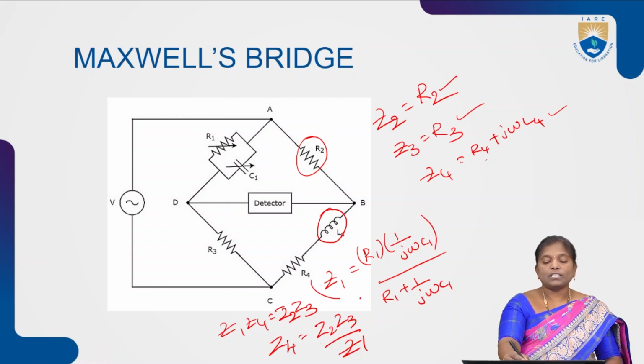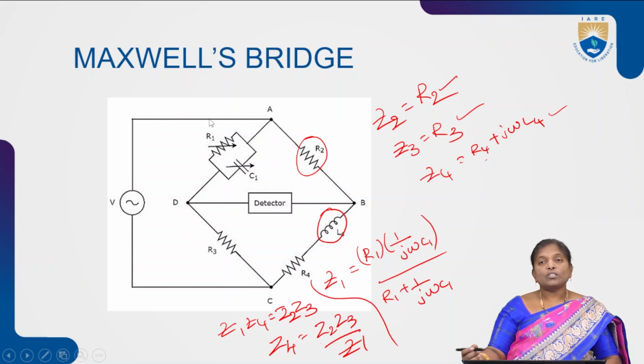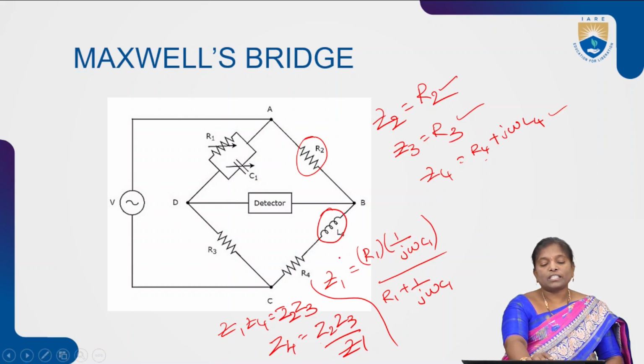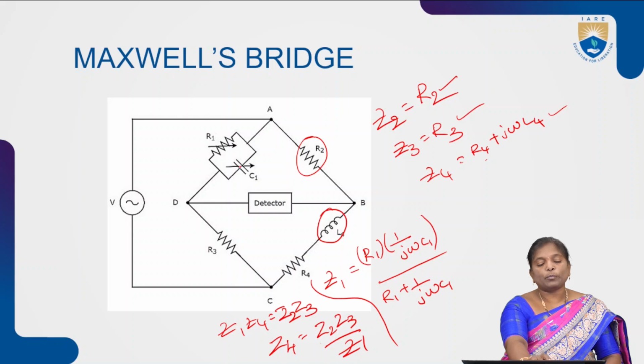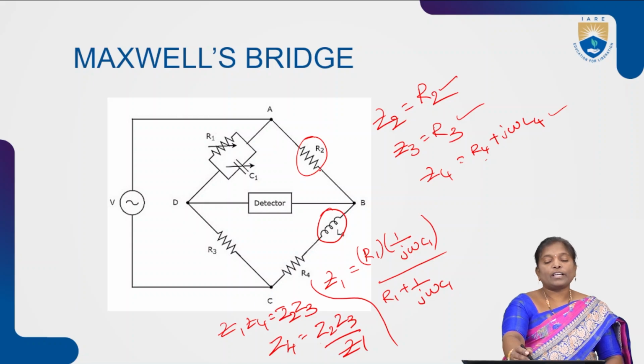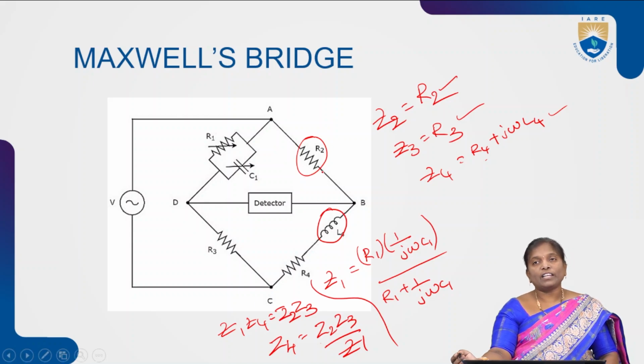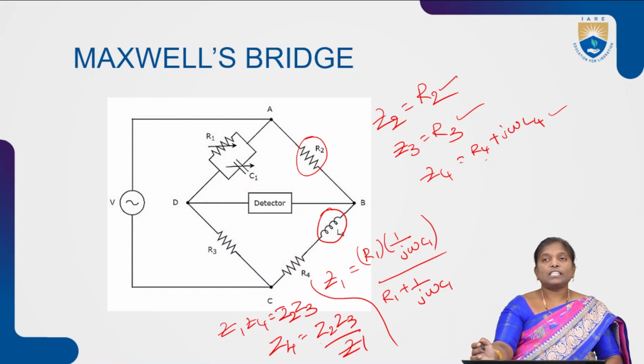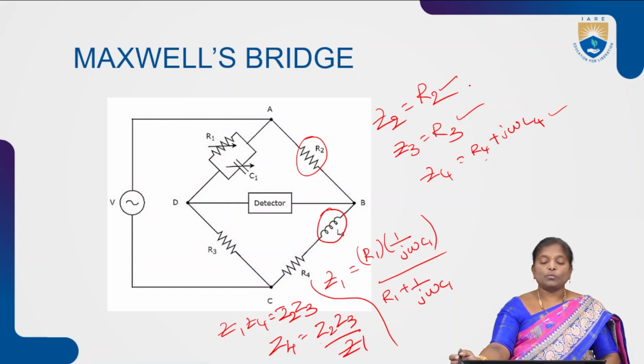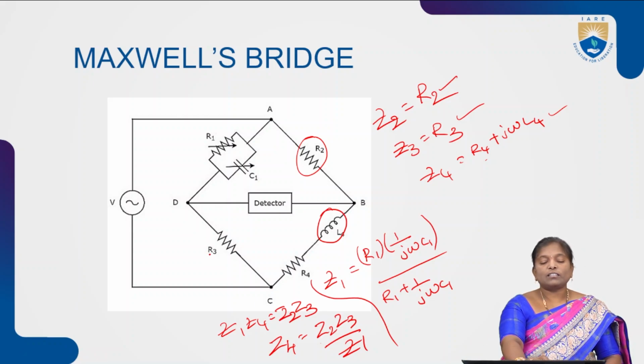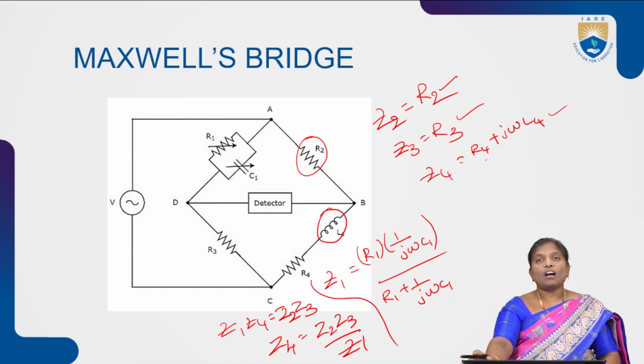Now, to measure Z1, we know that the resistance and capacitance are in parallel. So Z1 can be represented as R1 into 1 by j omega C1 by R1 plus 1 by j omega C1. Similarly, Z2, across the second arm we have only one resistance, so it is represented with R2. And Z3, across the third arm we have another resistance that is represented with R3.